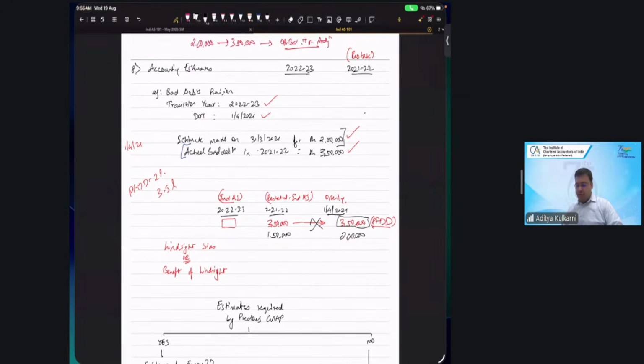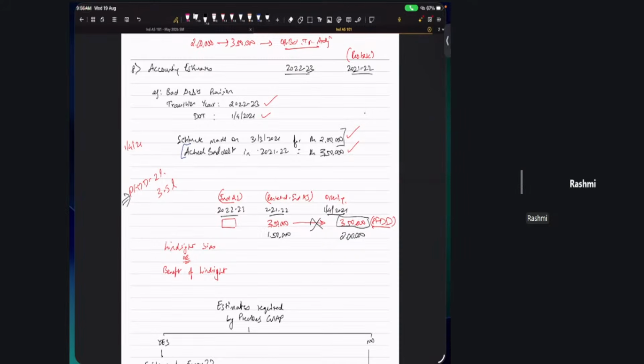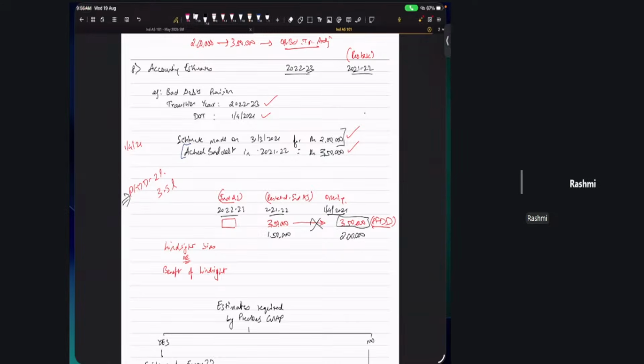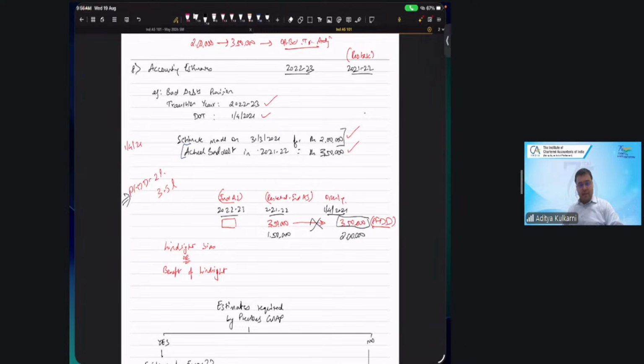See, on 1st April 21, your provision for doubtful debts was 2 lakhs, correct? You are in 22-23. Be careful. You have a visibility that you made a provision for 2 lakhs. But you also have additional information which has now come saying that actual bad debt in 21-22 is 3.5 lakhs. That means your provision was short by 1.5 lakh, correct?